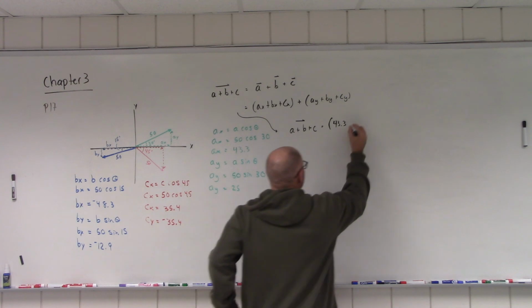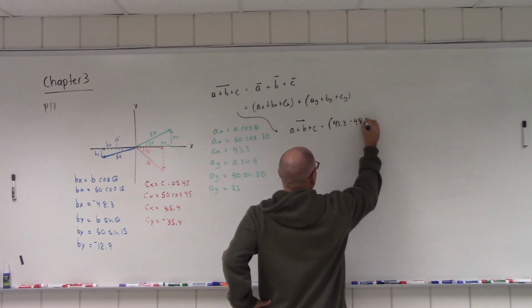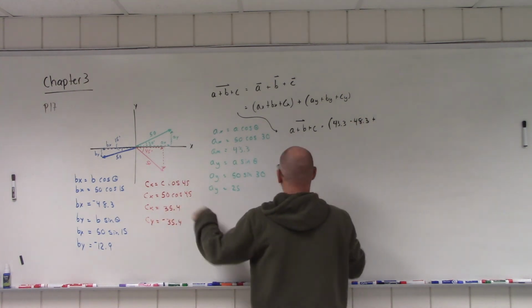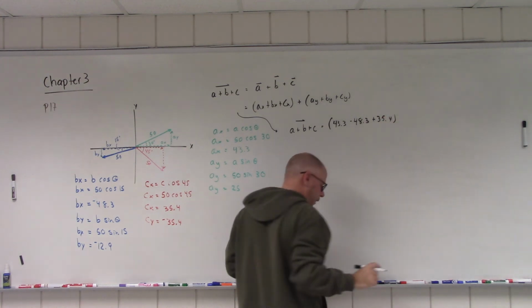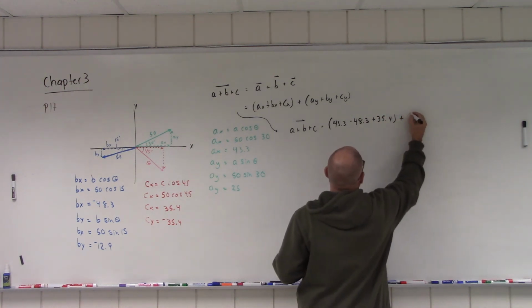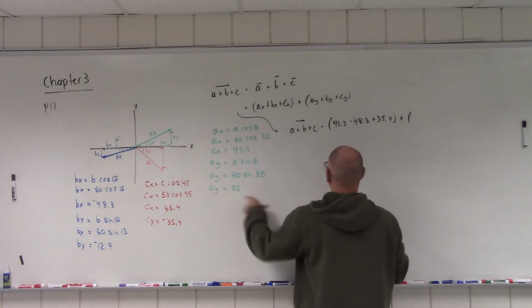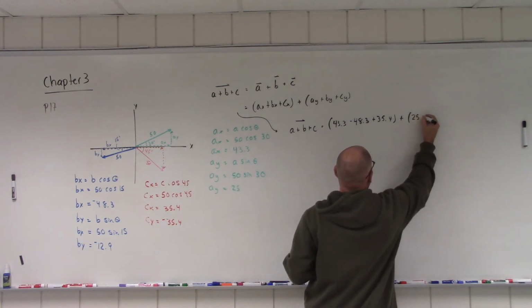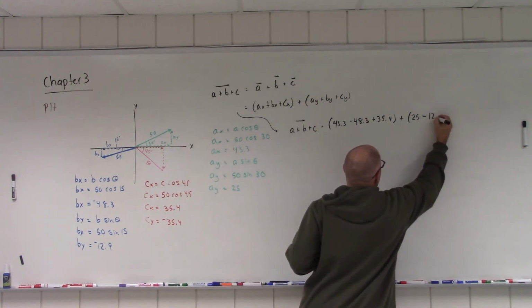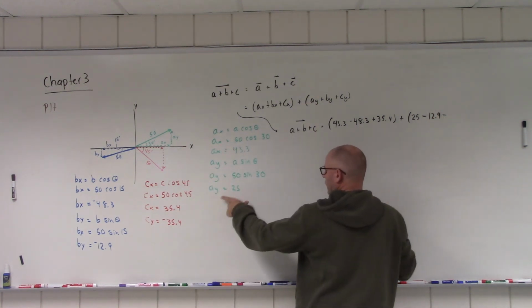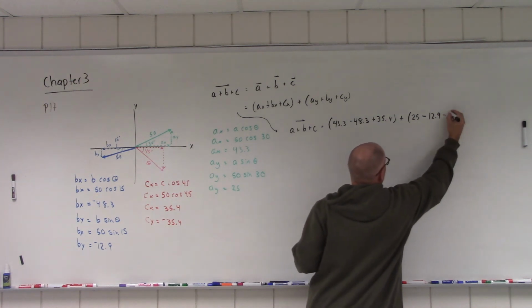BX is negative, so negative 48.3. And then CX is positive, 35.4. Okay, and let's do the Y's. AY is 25. BY is negative 12.9. CY is negative 35.4.